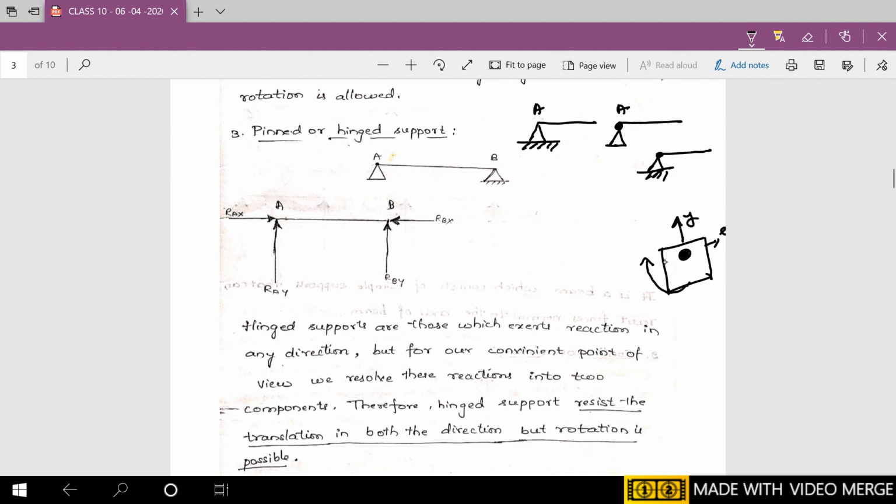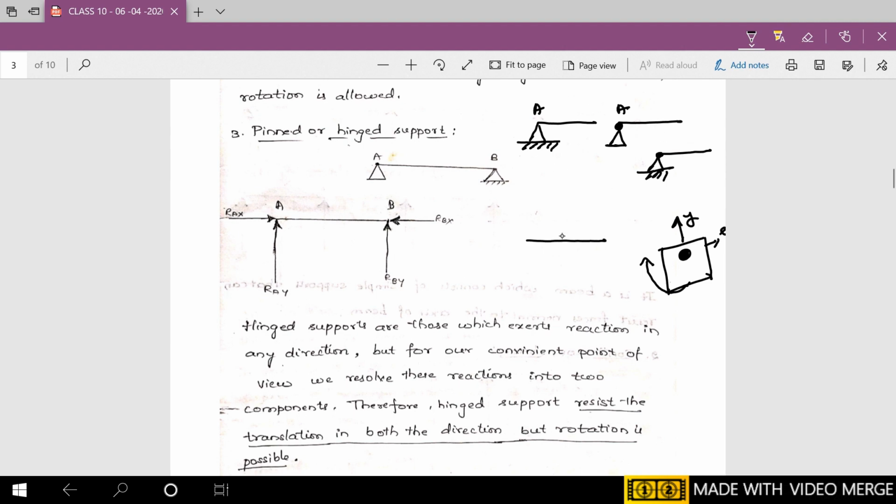I can rotate either clockwise or anti-clockwise, but it will not move in the X direction as well as the Y direction. Translation movement is not possible. So while writing the free body diagram, for example, for these, this is the same representation.